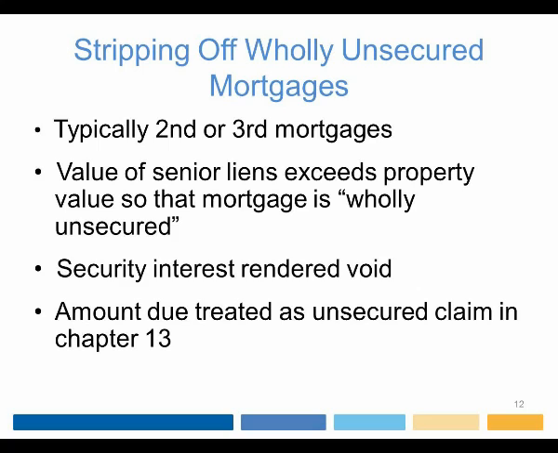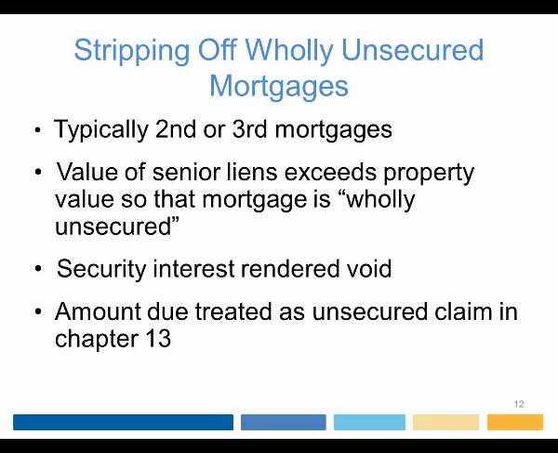So it might be paid something. In this case, where we have $23,500, if the consumer's plan is paying the general unsecured debts at, let's say, 5% or 10%, then that creditor will get something. They'll be treated as an unsecured creditor, and they'll get 10%, or $2,350.